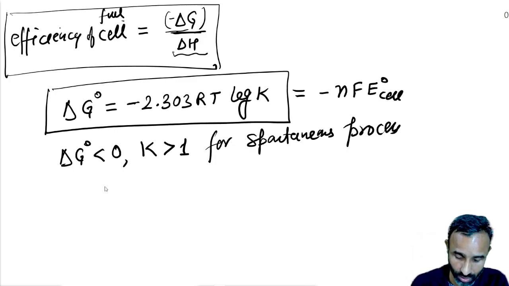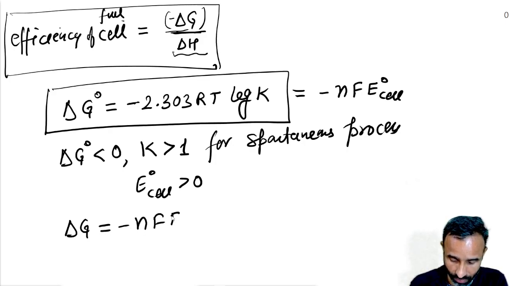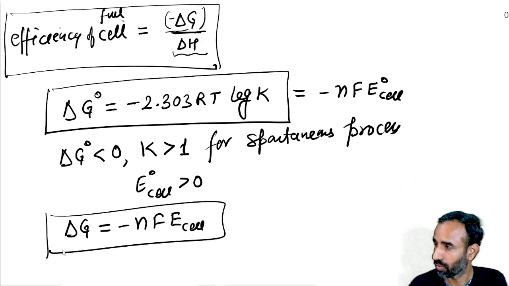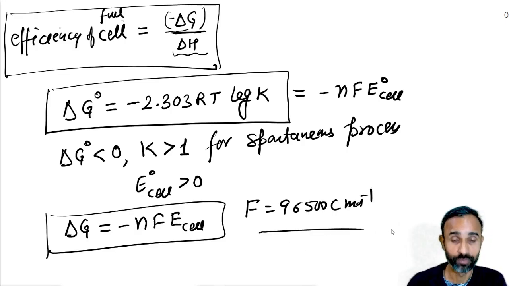So E naught cell should be greater than 0. Same, delta G is equal to minus nFE cell. And you know n is the number of electrons gained or lost, and F is the Faraday, yes, coulomb per mole.